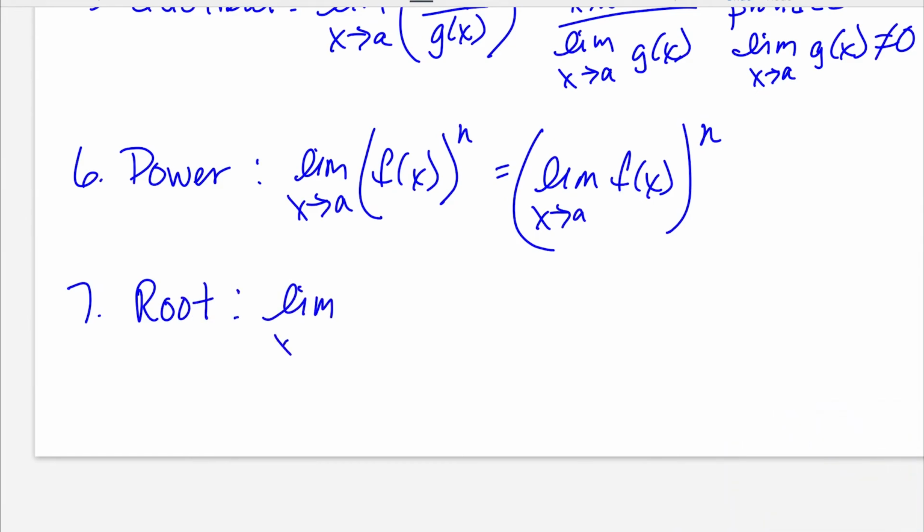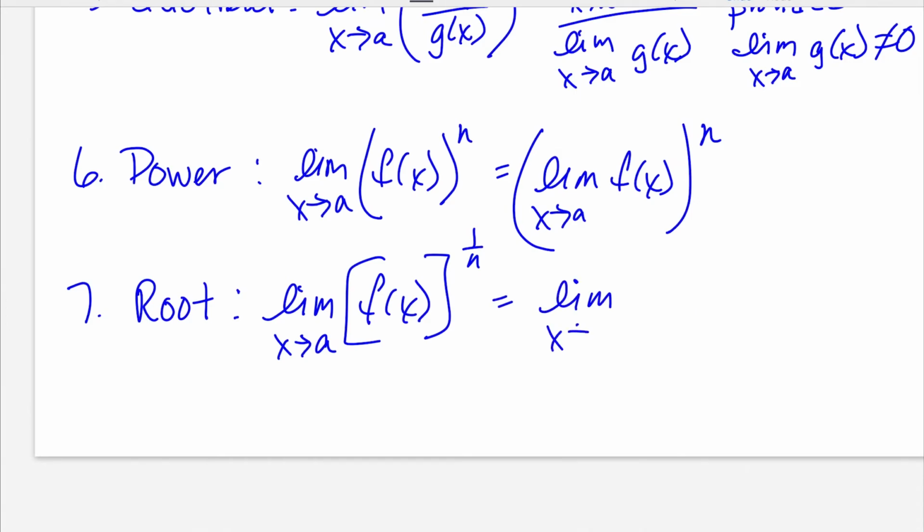The limit as x approaches a of f of x to the 1 over n that I'm looking at is equal to the limit as x approaches a of f of x to the 1 over n power.